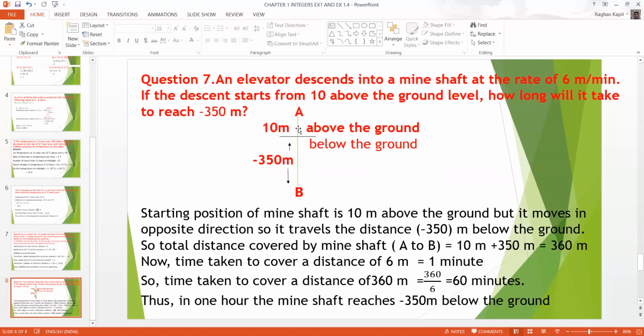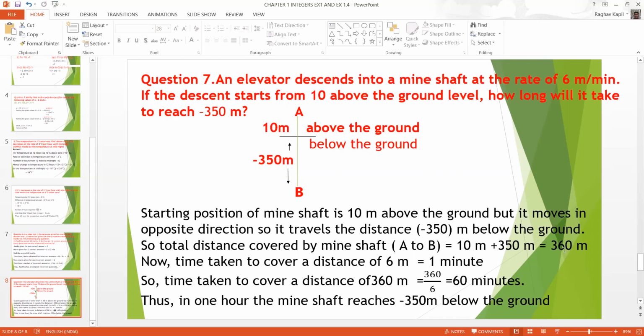But when we observe from A to B, the total vertical distance is what? 360 meters.